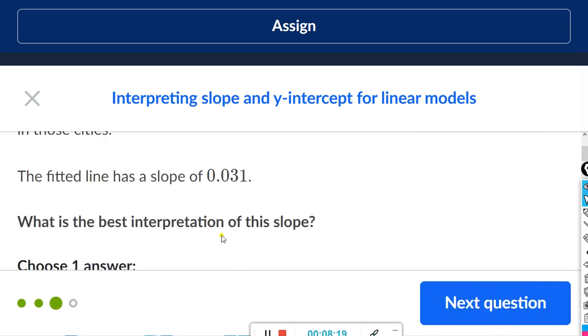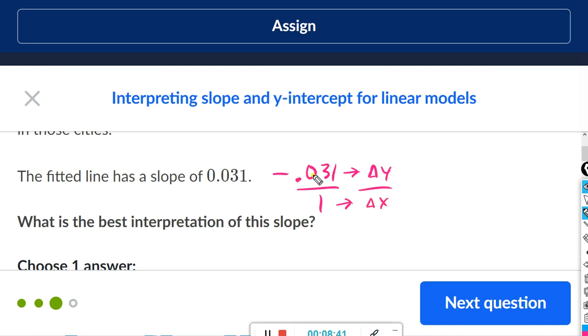Just one thing real quick. I didn't get one where the slope was negative, but for the sake of argument, say this were negative 0.031, and you put it over 1. Just remember it's change in y over change in x.